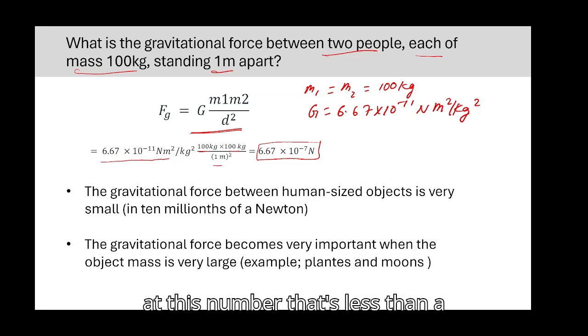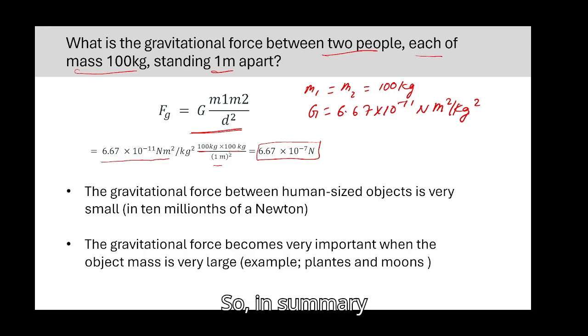That's less than a millionth of the weight of an apple. So for everyday objects, gravity between them is very small and negligible. But when the masses are huge, like planets or moons, that same law of universal gravitation explains the orbits and tides we see.